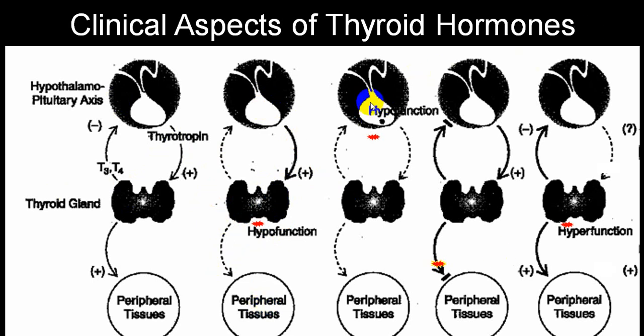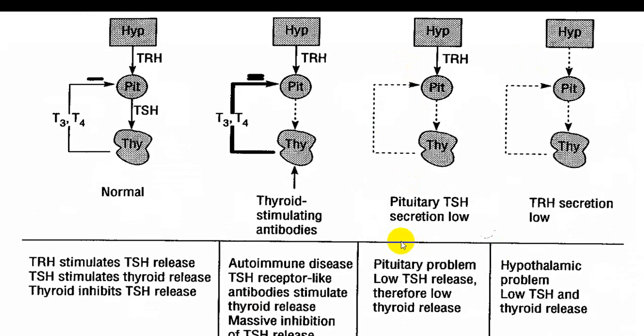If there is already a hypofunction here, this is a better one. This is normal. Hypothalamus releases TRH, pituitary releases TSH, acts on the thyroid gland, releases a normal quantity of T3 T4. If it is a little more, it can have negative feedback to the pituitary gland as well as a long loop to the hypothalamus.